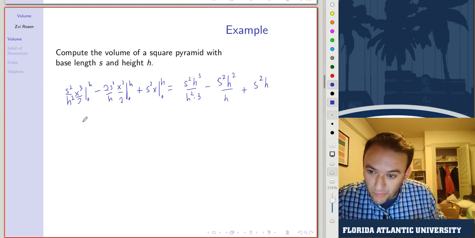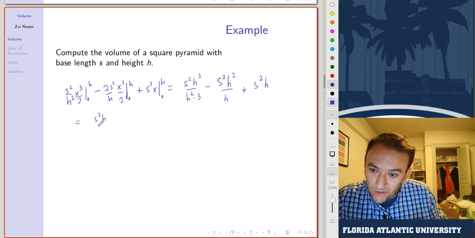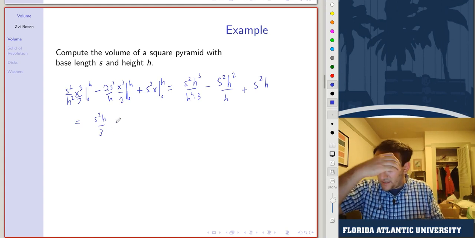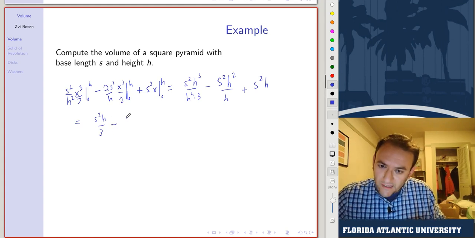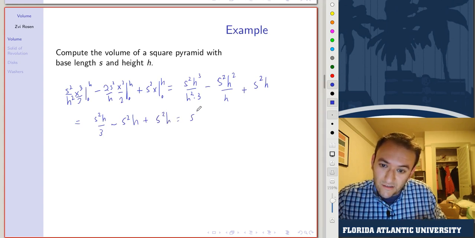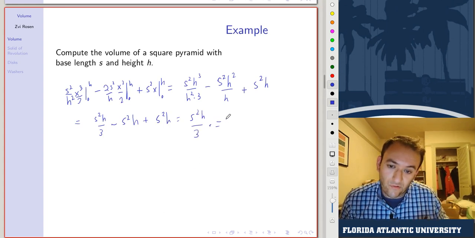Okay, now we should simplify. We have s squared h over 3. Okay, a couple of factors of h cancel there. Minus s squared h plus s squared h. So we should get s squared h over 3 as our answer for the volume of the square pyramid.